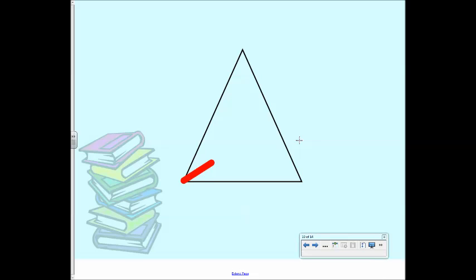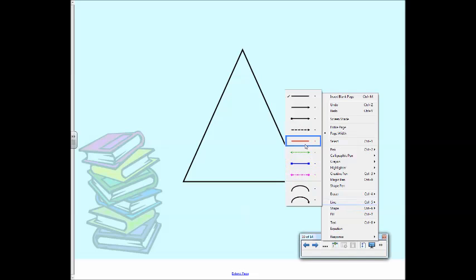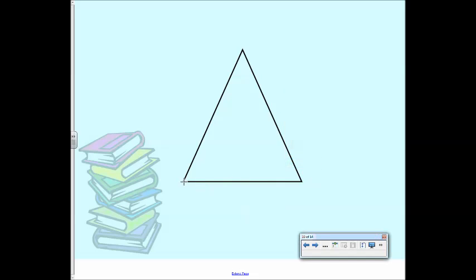Okay, the angle bisector is going to do what to those 2 angles? It's going to cut the angles in half. So if I take the 3 angle bisectors of a triangle, they meet, and this point right here is called the incenter.